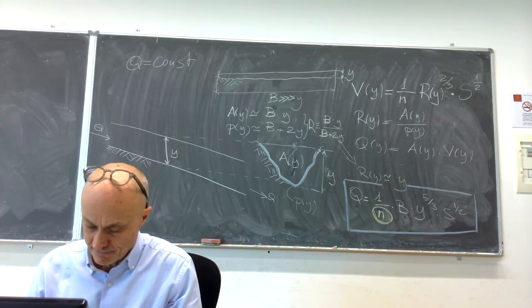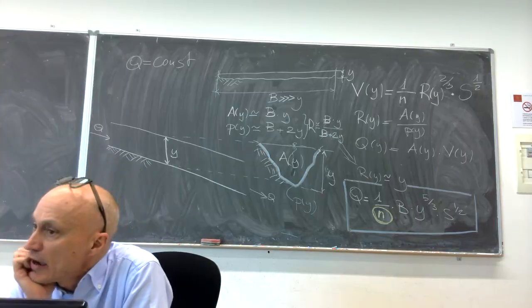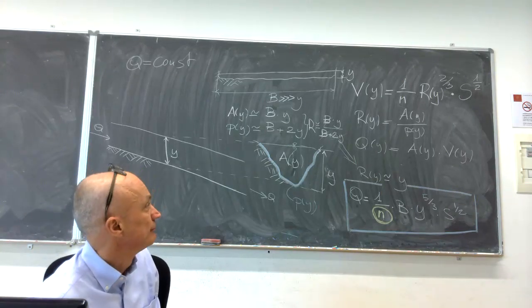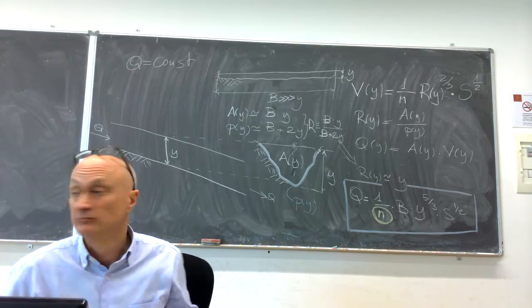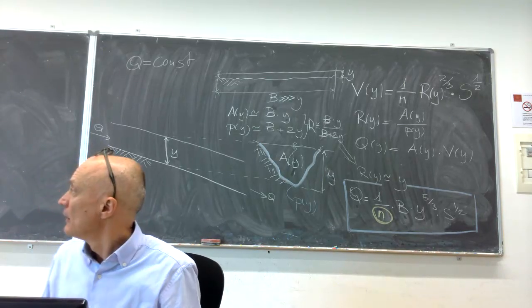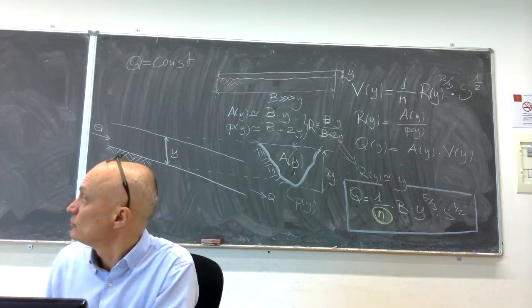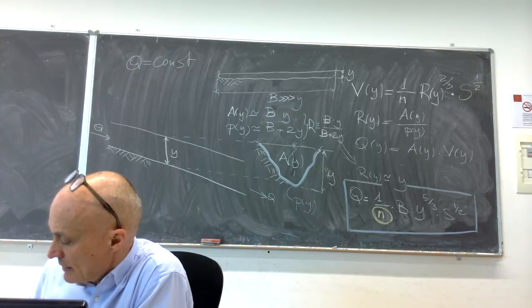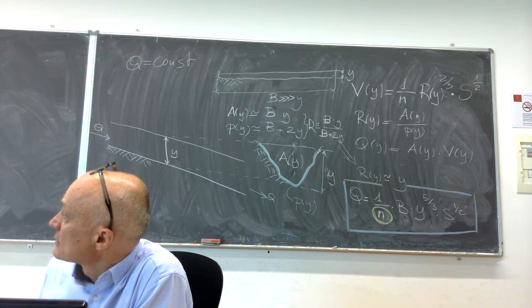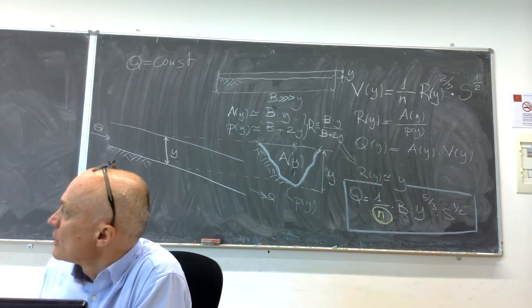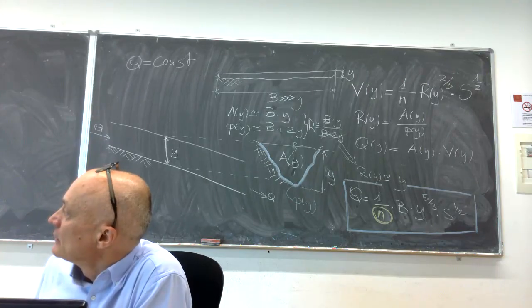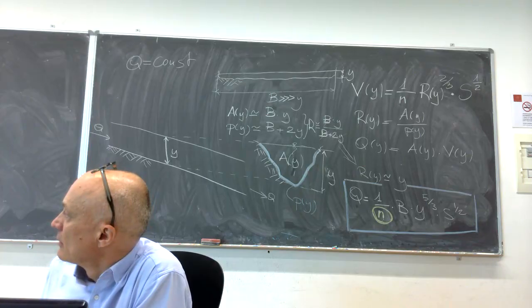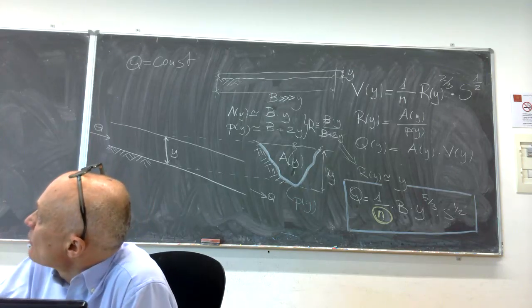The area is B times Y. So it is around 50 cubic meters per second, more or less, for 20 meters width.